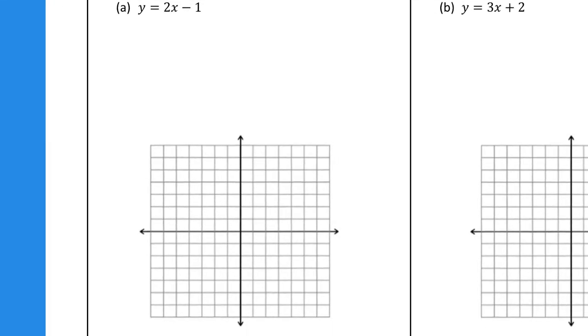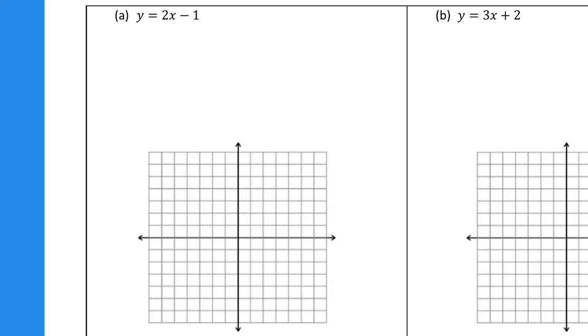So the first example says plot the graph of y is equal to 2x minus 1. This is probably a nice one to use our gradient and intercept method. So this clearly has a gradient of 2 and an intercept of minus 1. So I'm just going to plot a few points here.